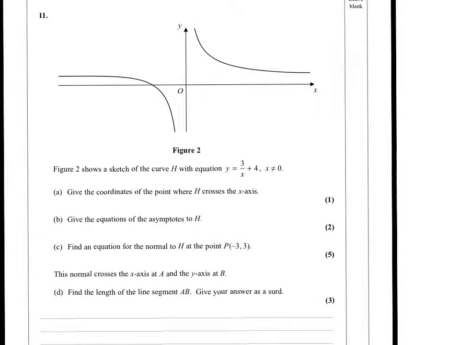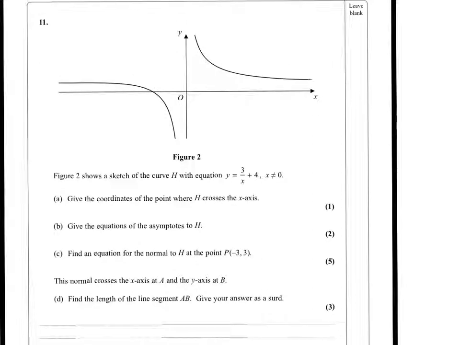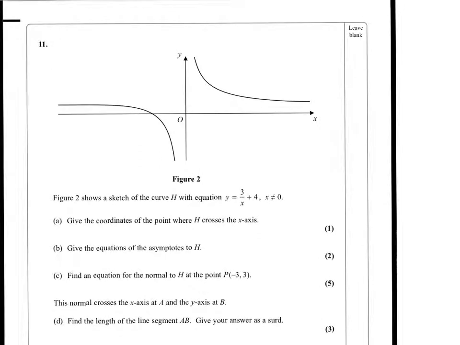Question 11. Lovely graph again, and it's a hyperbola. A hyperbola. And you should notice this from all the graphs that we've done in C1.